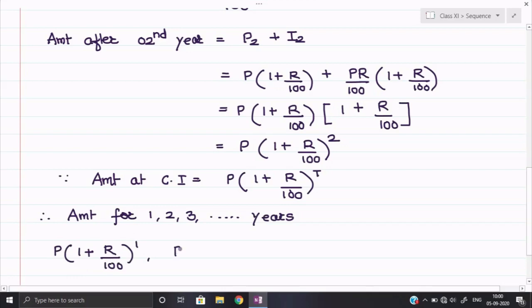Similarly, for the second year, the amount will be P into the bracket 1 plus R upon 100 whole power 2.